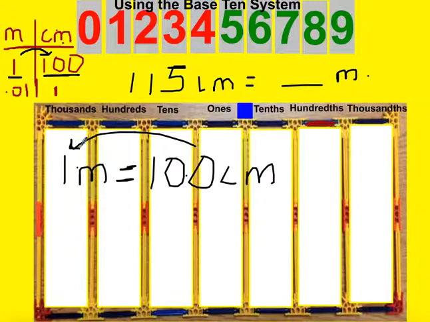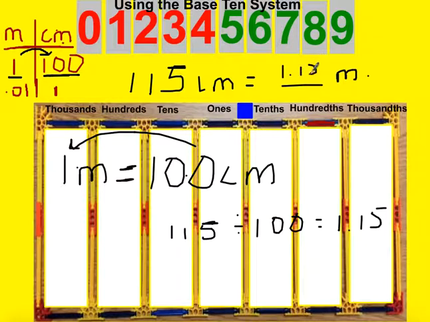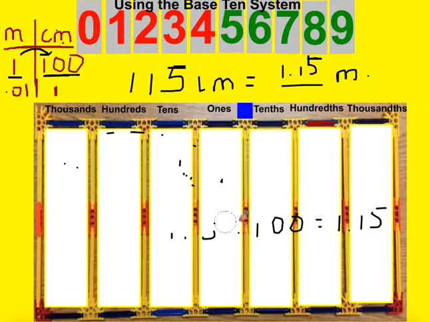So if I'm dividing by 100, I can do 115 divided by 100, which is like shifting 2 times on the place value chart. That's going to equal 1.15. And logically, that makes sense because we know it's more than 1 meter, but less than 2, because 200 centimeters is 2 meters.